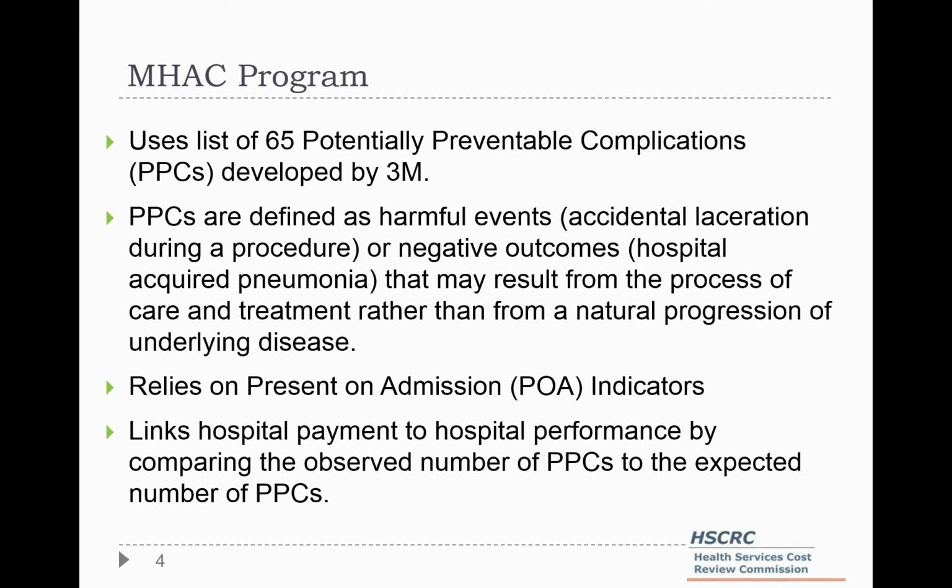In order to code the PPCs accurately, the PPC logic relies on present on admission indicators in the claims or case mix data. The MHAC program then links hospital performance with hospital payment by comparing the observed number of PPCs to the expected number of PPCs for each hospital.